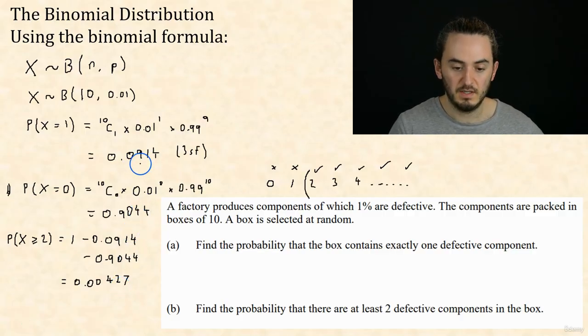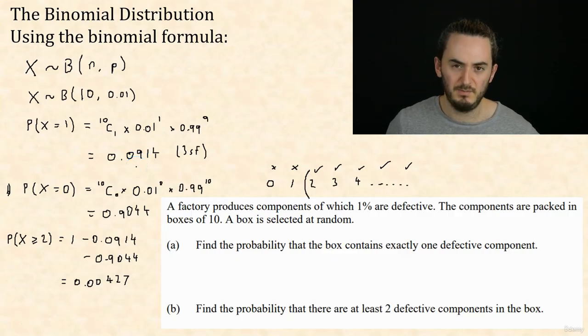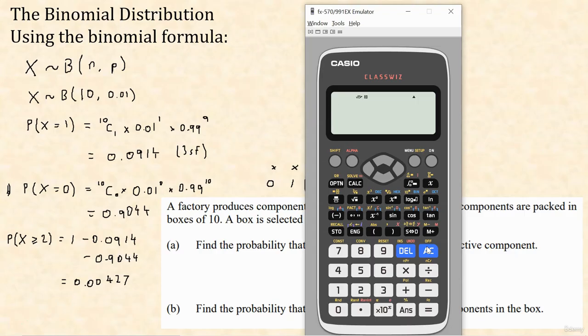It's worth pointing out that to keep things accurate enough, I've used my exact answers here. A nice way to do that is to store your answers as you go. On the Casio calculator, you can store answers as letters. Let me show you how to do that. Here's my calculator, and let's say we are calculating the answer to the first question. So 10 choose 1 times 0.01 to the power 1 multiplied by 0.99 to the power 9.